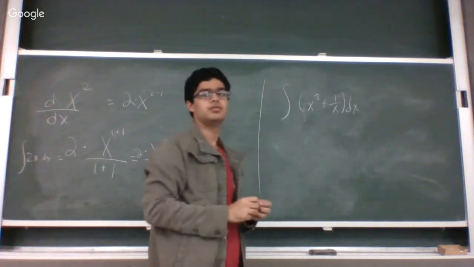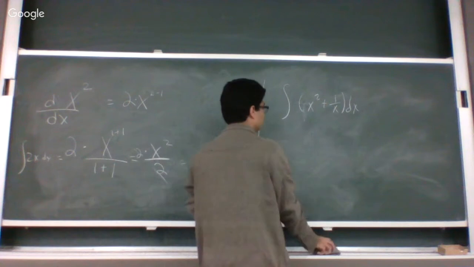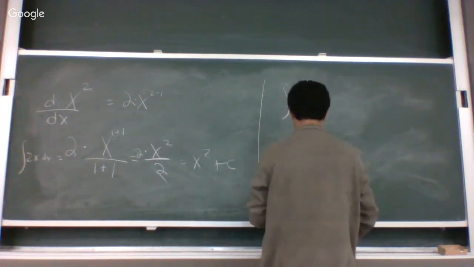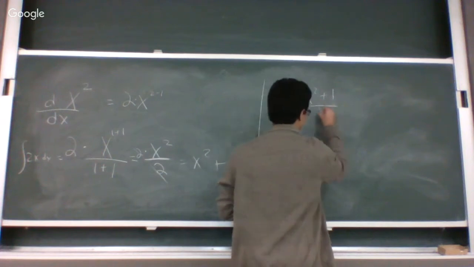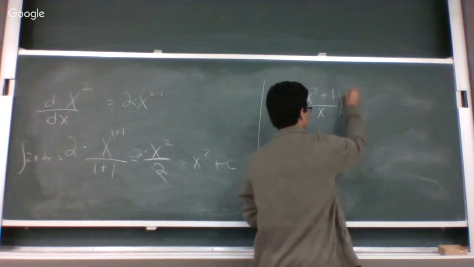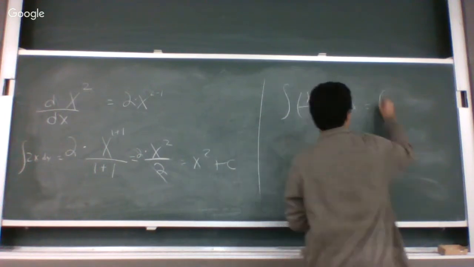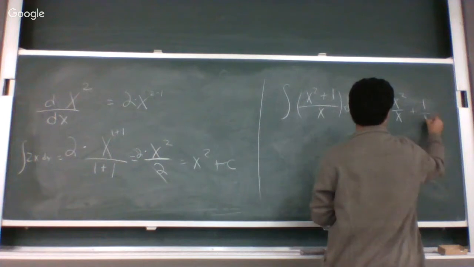No, but that's okay. The whole quantity is x squared plus 1. That one you just have to separate. So you do x squared over x and then plus 1 over x.